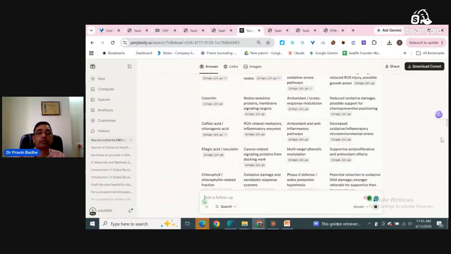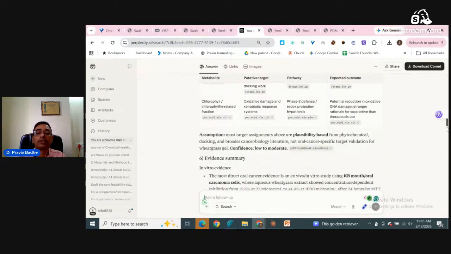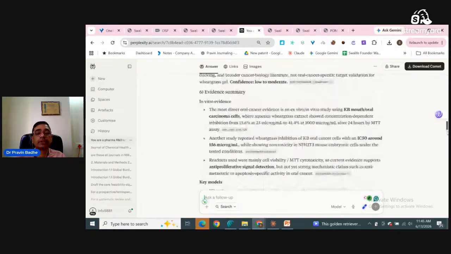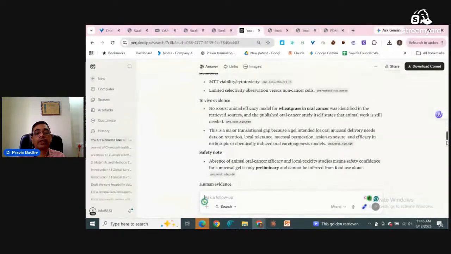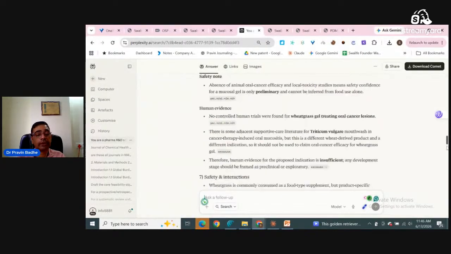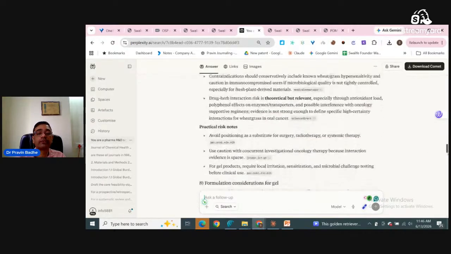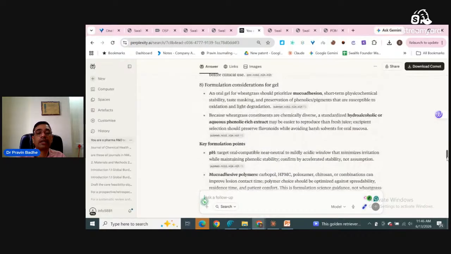So based on this, instead of going with the plant, I can go with the molecule. I can go with analogs of those molecules as well. Then evidence summary, it has given in vitro what we have got with that plant or that molecule or that combination. Human evidences also, it goes through safety, practical risk, and the formulation consideration.